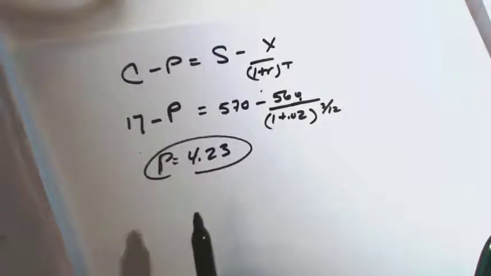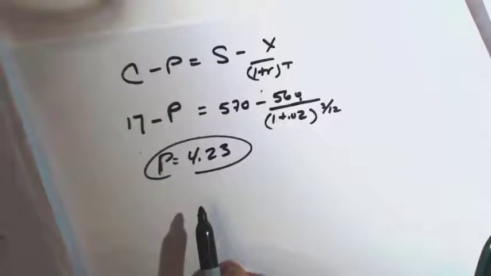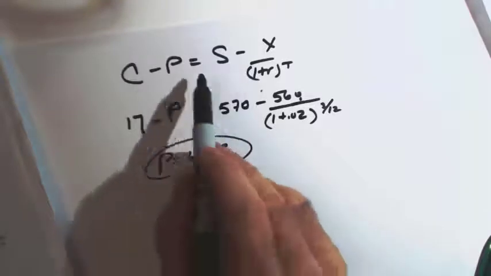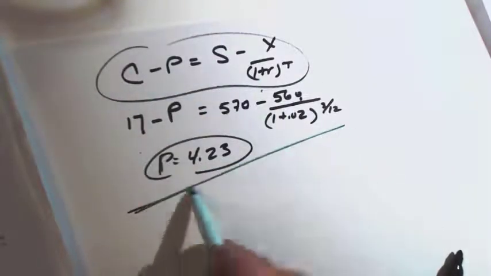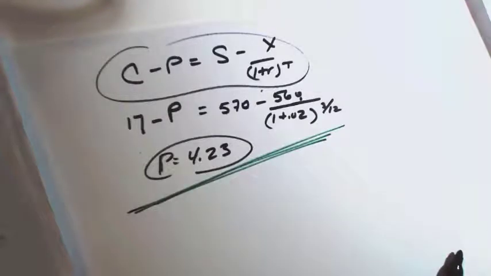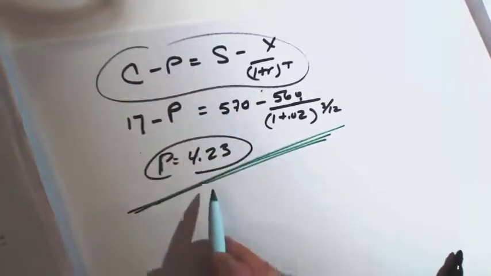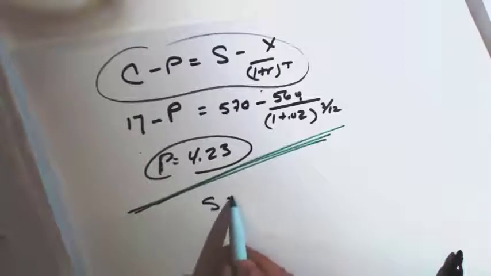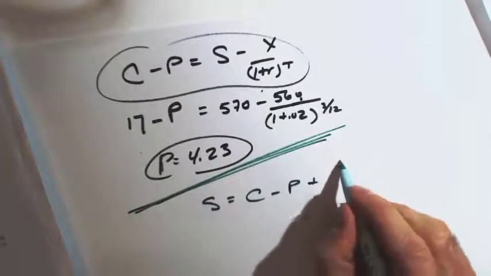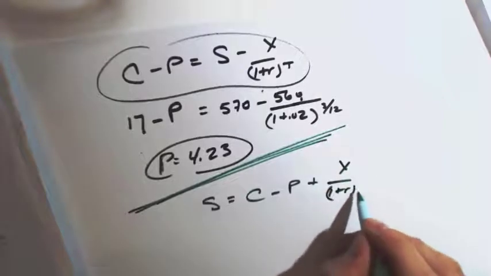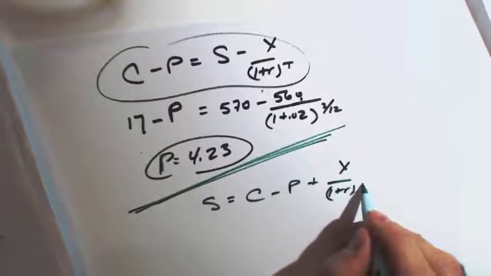So the point is, you can put together what's called synthetic positions. What's really cool about this is you don't actually have to buy a stock to get the action in a stock. If you rearrange this formula, you'll get the stock price equals the call minus the put plus the present value of the strike.